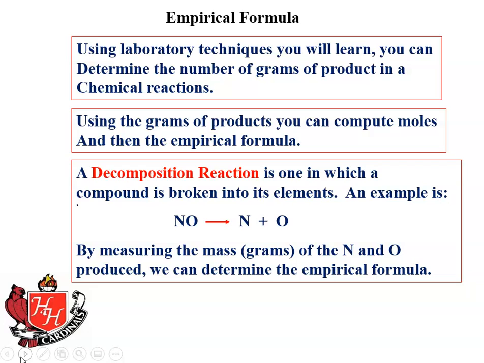An example is nitrous oxide, NO. You can break that into nitrogen and oxygen. By measuring the mass in grams of the nitrogen and oxygen that you get from this reaction, you can determine the empirical formula of NO. In other words, what the subscript of N would be and what the subscript of O would be.